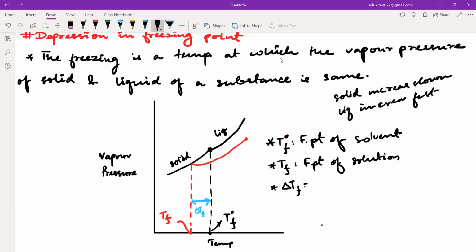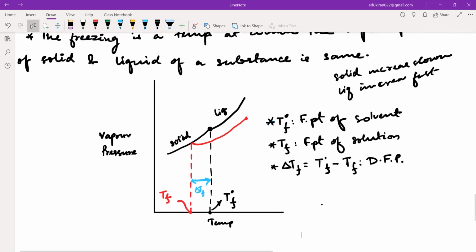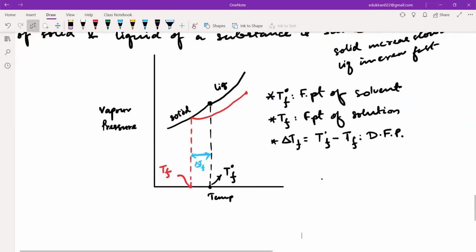Delta TF will be equal to, which is greater, T naught F or TF? T naught F. So it will be equal to T naught F minus TF. This is known as depression in freezing point. This lowering of temperature is known as what? Depression in freezing point.